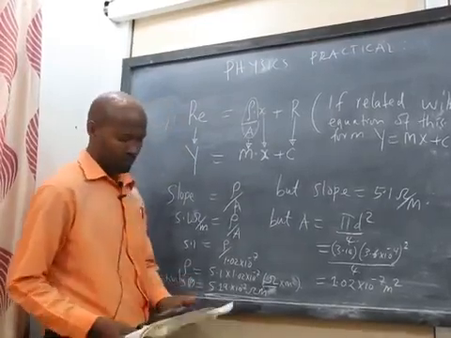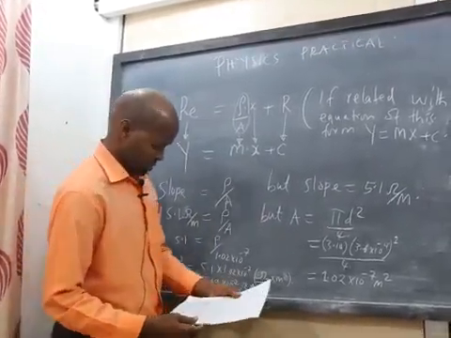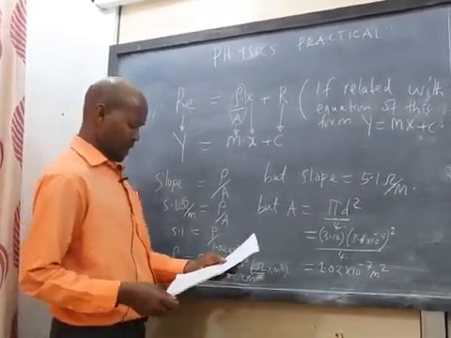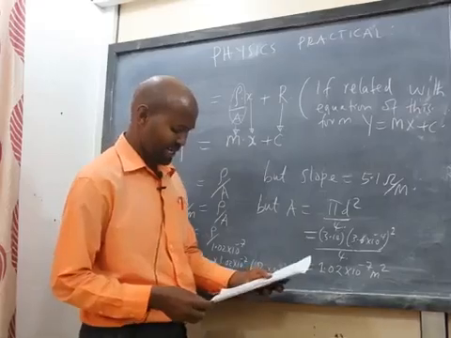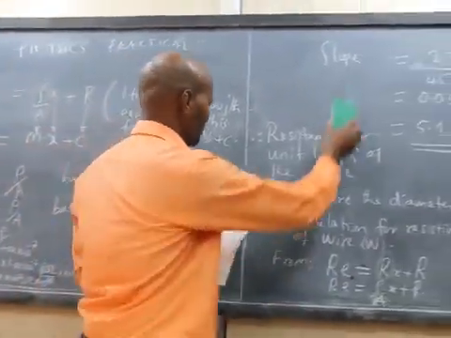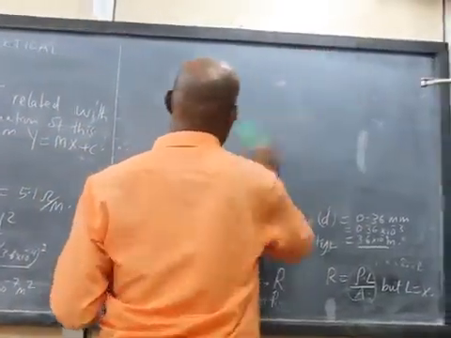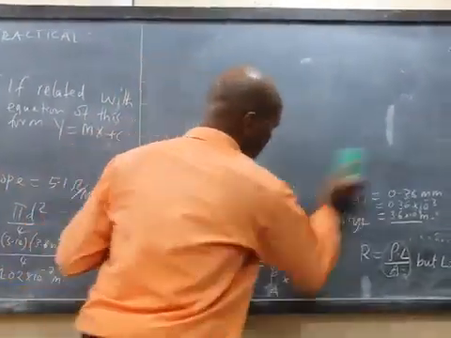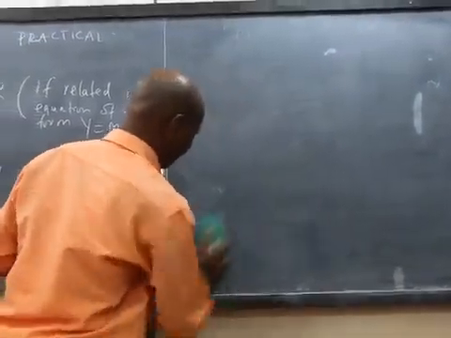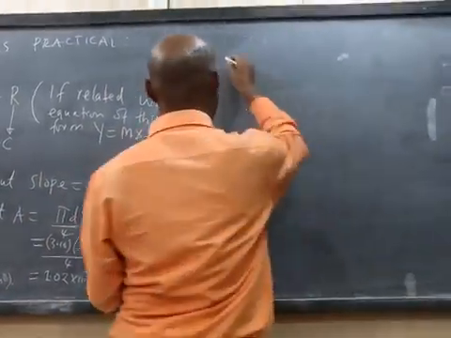Now this question says to mention any two sources of errors and precautions taken in this experiment. We need two sources of errors.